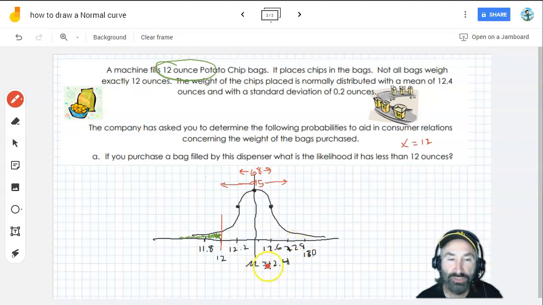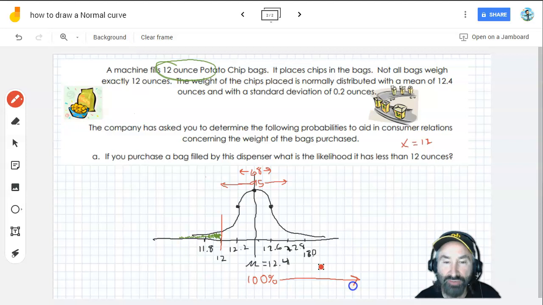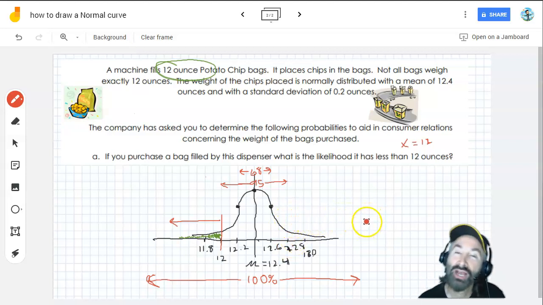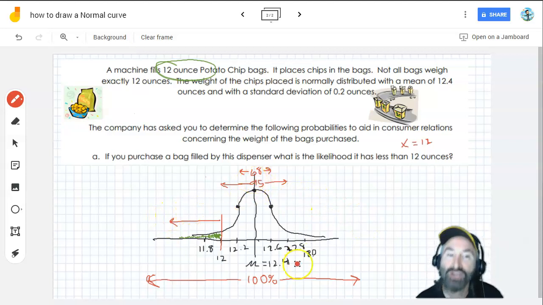Now, something else that's really important to note is that the entire bell curve should represent 100%, but you have to go really far to the right and really far to the left to get to 100%. But one thing we can say for sure is that if this area is 95% and the whole is 100%, then going from here all the way to the left and from here all the way to the right, those should add up to 5%, because 95 plus this should equal 100.